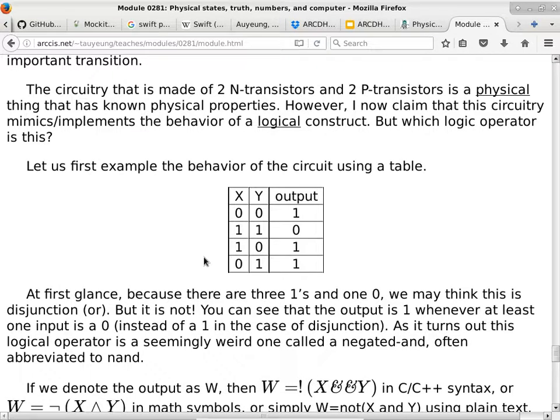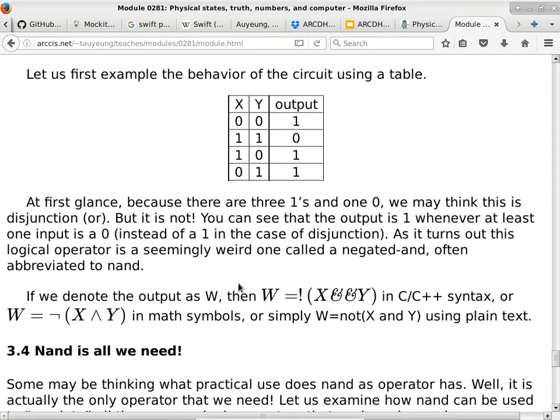So the symbolic way to look at this, if we look at the output as W, then W is, this is using C syntax, by the way, W is exclamation point X and Y. So it's a negated AND.